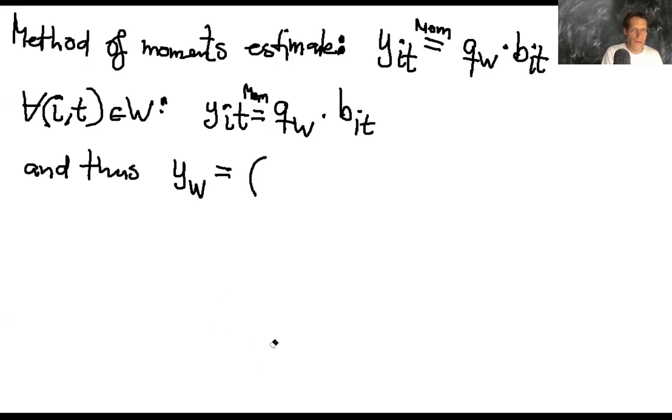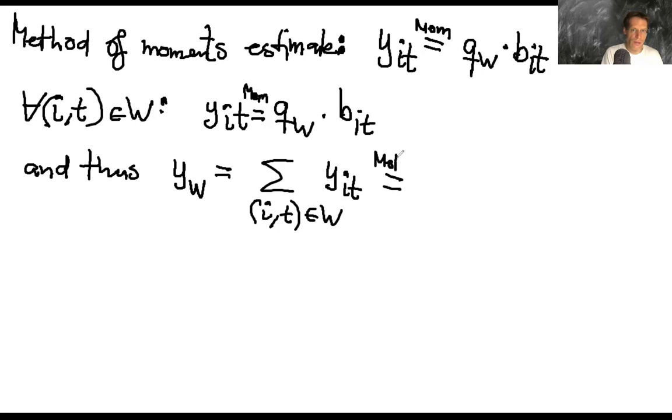sorry, let's take that way and get back. So we're going to sum over all regions i,t which are in W. And what we want to do, of course, is sum this, and then we would equate this, when we use the method of moments, by the sum over i,t in W of q_W times b_it.